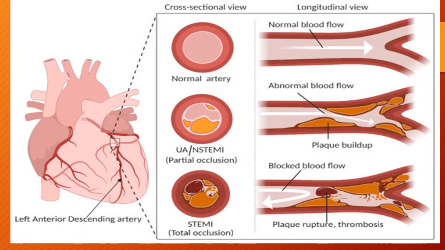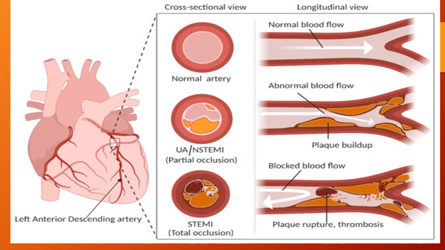So this is a cross-sectional view of the left anterior descending artery. The above one is normal, which has a normal blood flow. The second one has an abnormal blood flow due to a ruptured plaque, but there is no superimposed thrombus, and this can occur in NSTEMI and unstable angina.